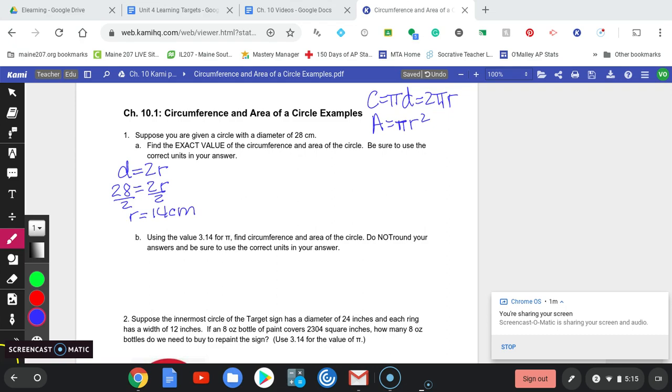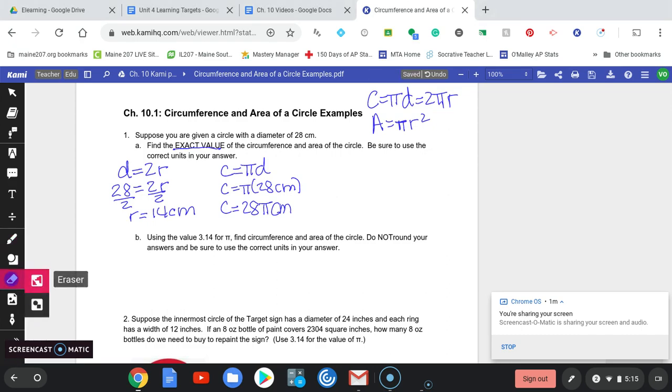So now to find the circumference, if you choose to use the pi times diameter formula, that's fine. We know that the diameter is 28 centimeters, so we would write this as 28 pi centimeters. These instructions told us to give our answers as an exact value, which means we want to leave pi as part of our answer.